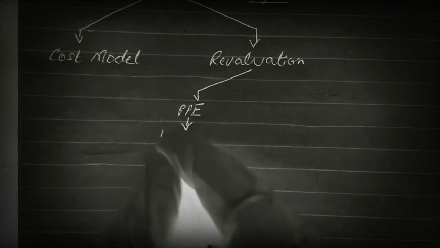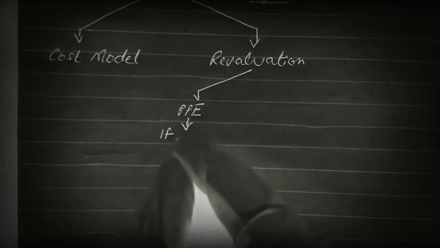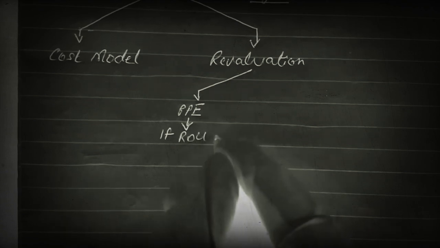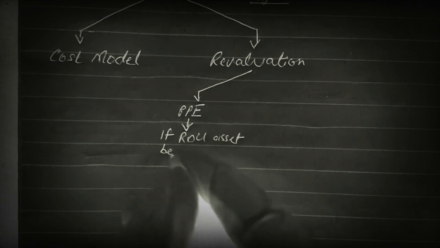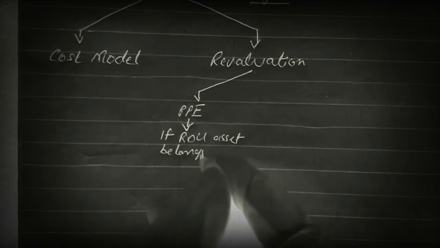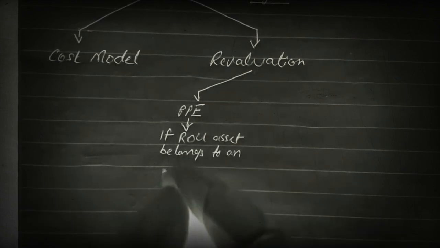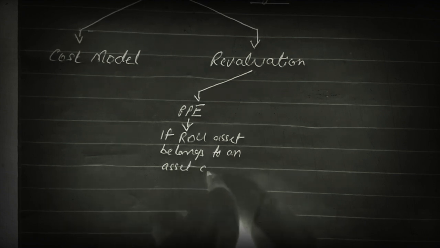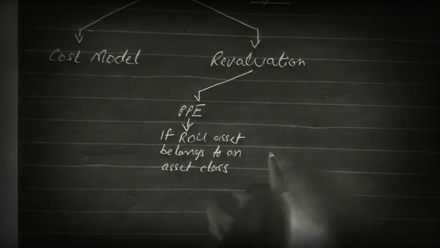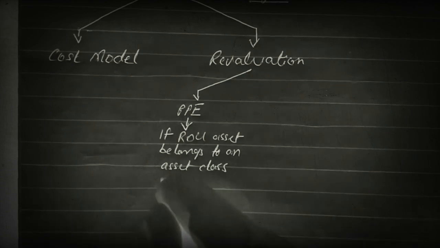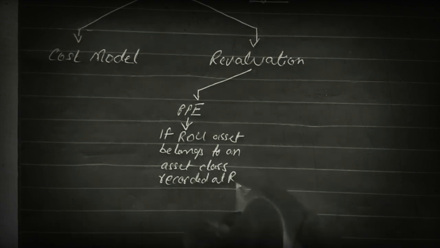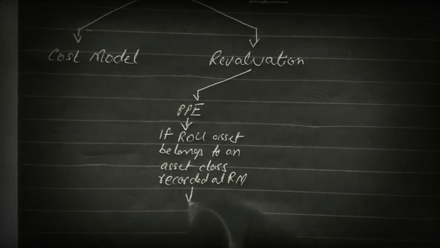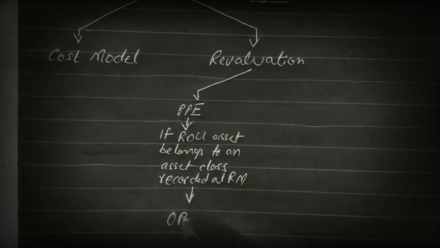Which means if the right of use asset belongs to an asset class recorded at the revaluation model, then the lessee will have the option.